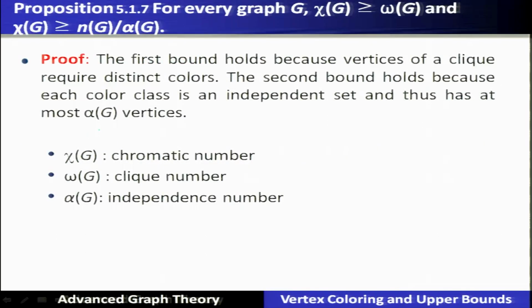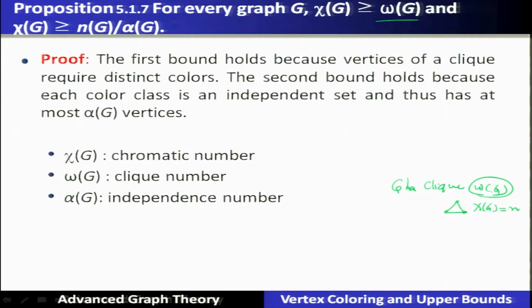So, with this introduction of the concepts, let us take a proposition: for every graph G, chi of G, the chromatic number of graph G, is at least omega of G. That means if a graph has a clique of size omega of G, you know that the chromatic number of a clique is n, the size of the clique.